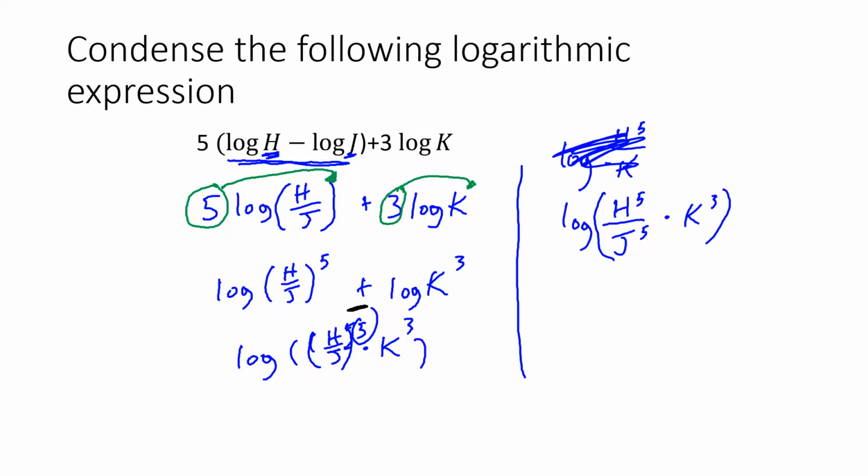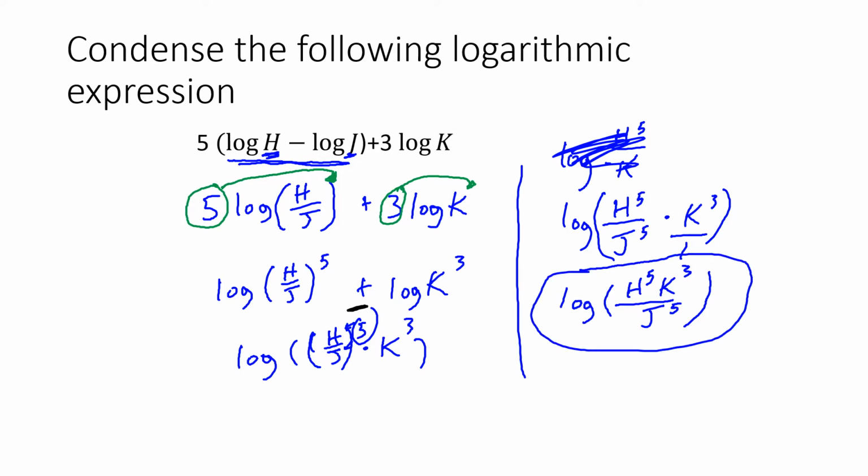If we want to make this look a little bit better, this k to the 3rd is really k to the 3rd over 1. So if we multiplied everything, it's like saying log of h to the 5th times k to the 3rd over just j to the 5th after we do our multiplication. So this is our final condensed logarithm.